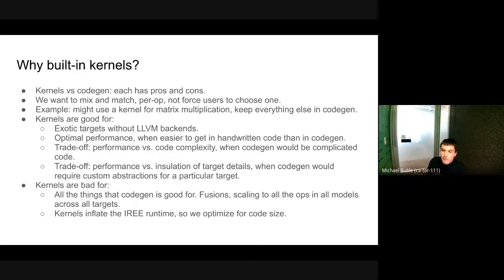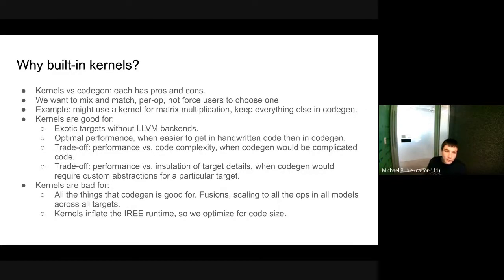So if you have one target that has very specific requirements due to its SIMD ISA details, then storing a kernel is a way to prevent those details from making the compiler more complex for everybody else. Sometimes it's a matter of code complexity, but sometimes it's also about insulation of target details, and we'll have an example of that in a later slide.